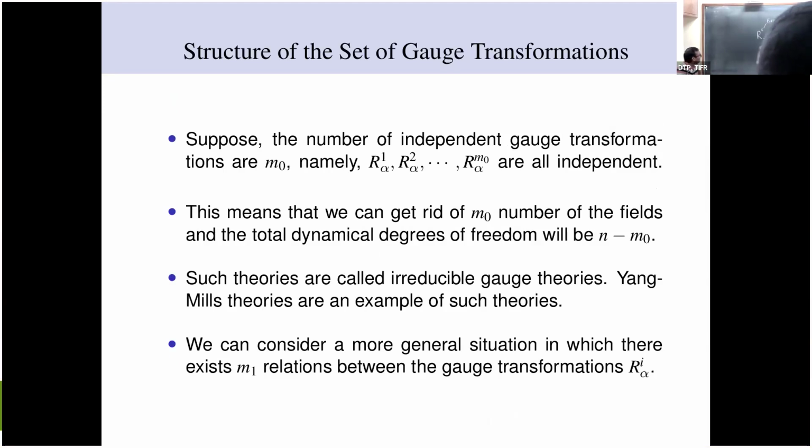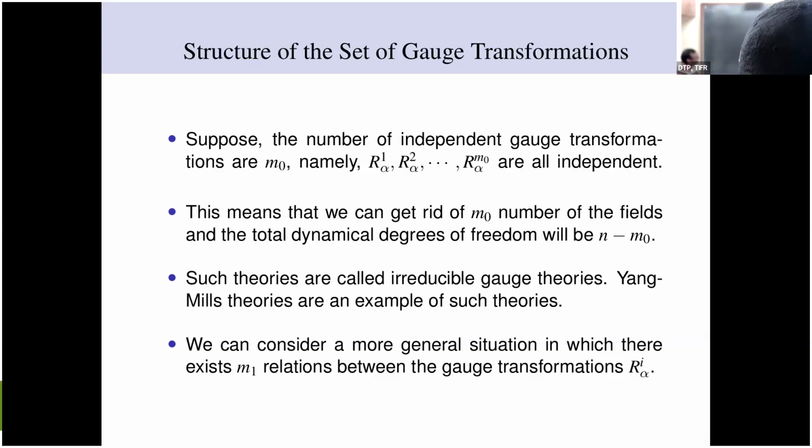Using this gauge transformation, if all of them are independent, then we can get rid of that many fields. The first index is the number of fields in the sense that, suppose you have two fields, A mu and g mu nu. Then this n runs from 1 to 4 plus d times d plus 1 over 2 independent field components.